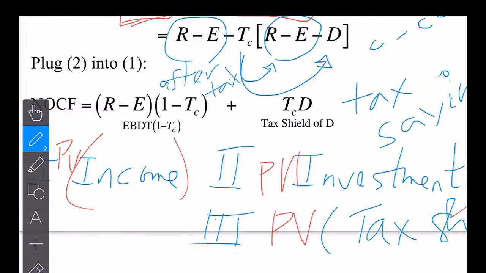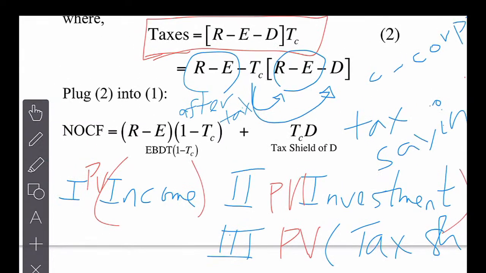Because this R minus E is just net revenue before taxes and before depreciation. So that is net operating cash flow. So we're going to compute net operating cash flows for income, investment, and tax shield.